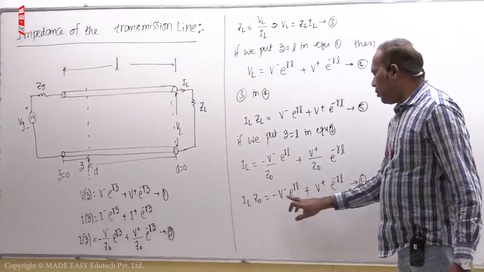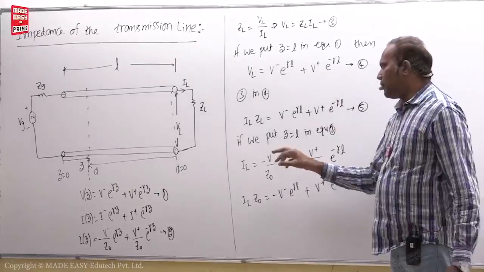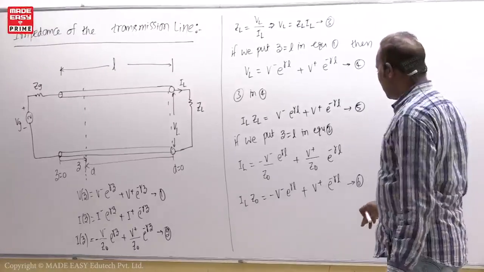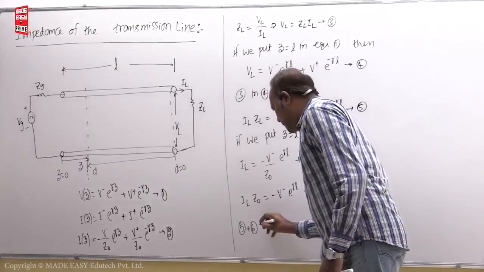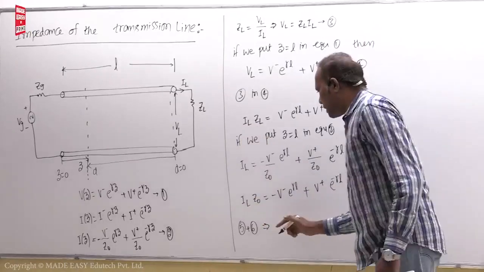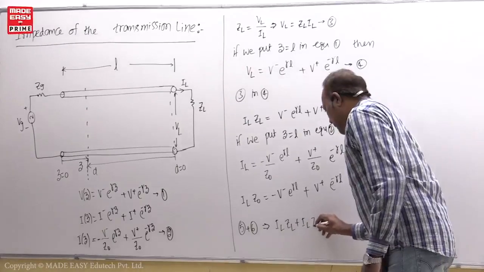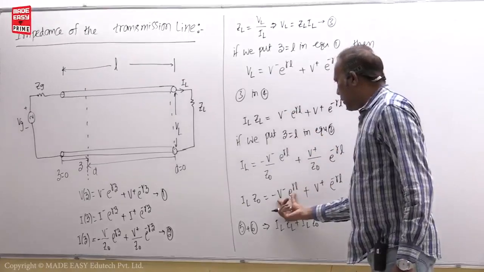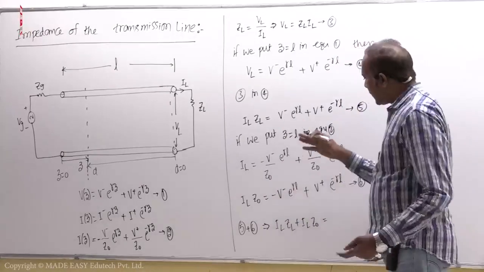We are going to find V minus and V plus in terms of Z_L and Z0. For that, you add equation number 5 and equation number 6. That implies I_L Z_L plus I_L Z0 is equal to V minus e^(gamma L) and V minus e^(gamma L), here plus is there, here minus is there, they cancel.